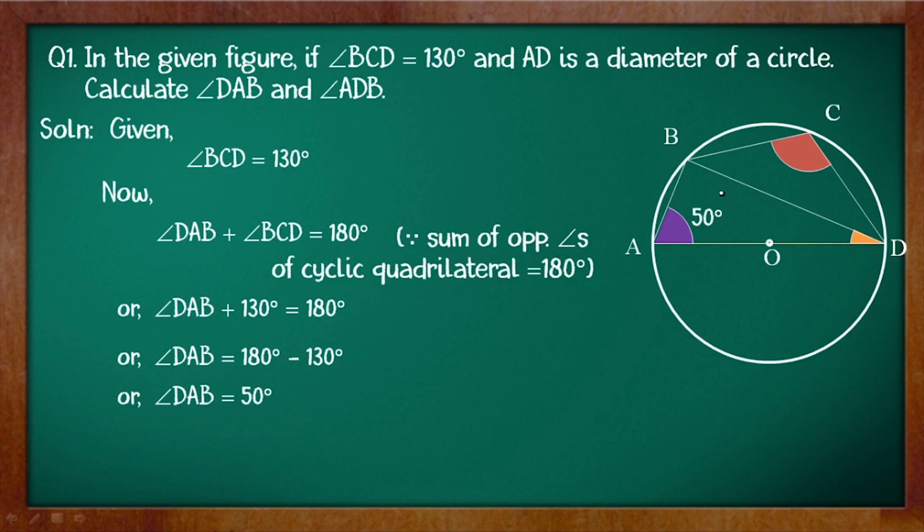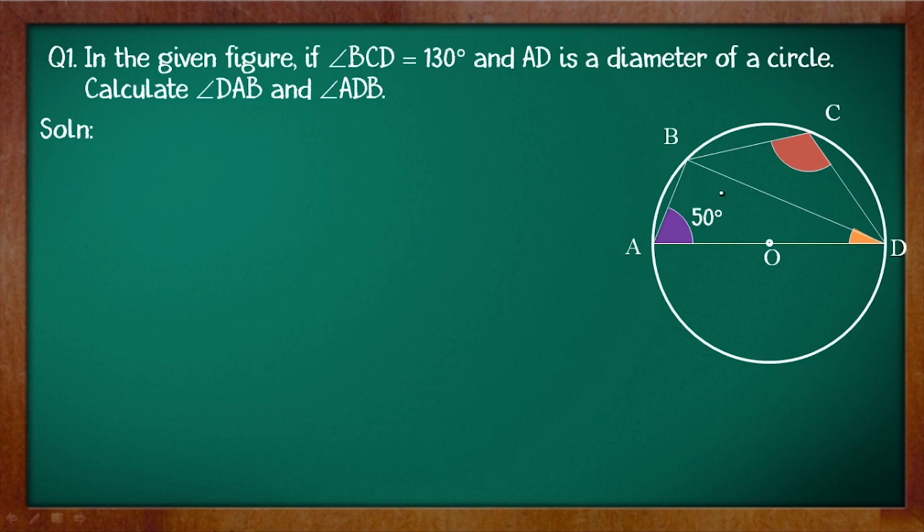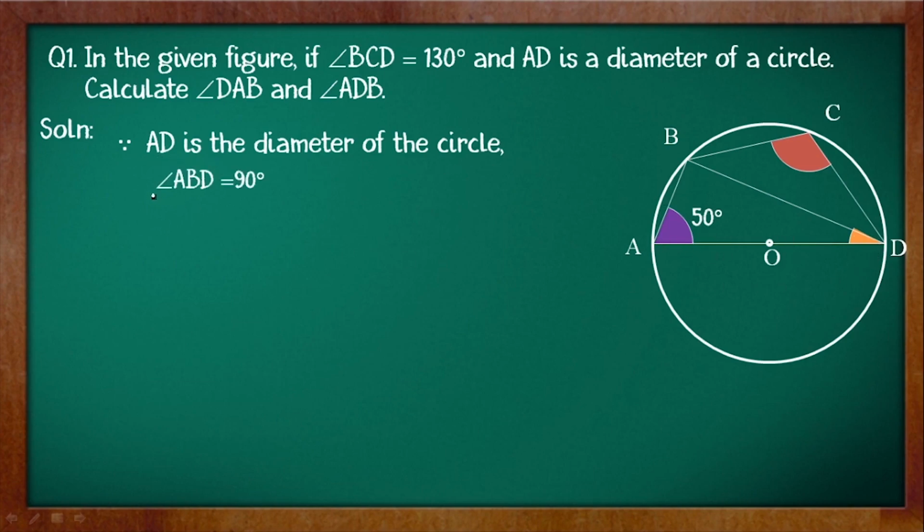Now what we need is the measurement of this small angle here. To find this angle, we'll take the help of the angle that is here. Since AD is the diameter of the circle, we have angle ABD is 90 degree.